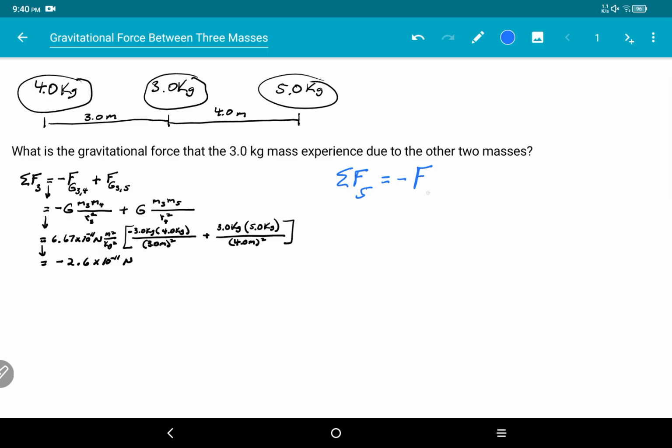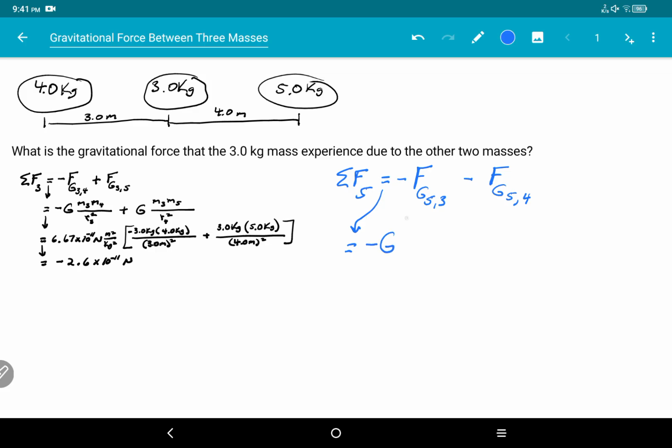So force of gravity, let's be consistent, 5, 3. Now due to the 4, minus G, 5, 4, okay? So I'm not going to write the number for G. I'm just going to factor out also the negative.